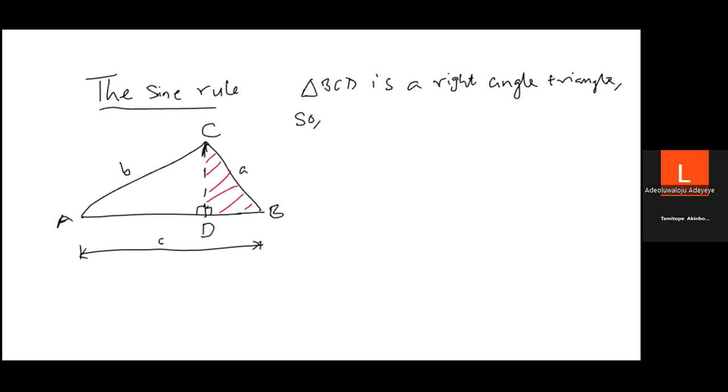The angle in consideration now is angle B. This perpendicular CD, let's call it H. Since angle B is the angle we are considering, H becomes our opposite, side a is the hypotenuse in that context, and BD will be the adjacent.